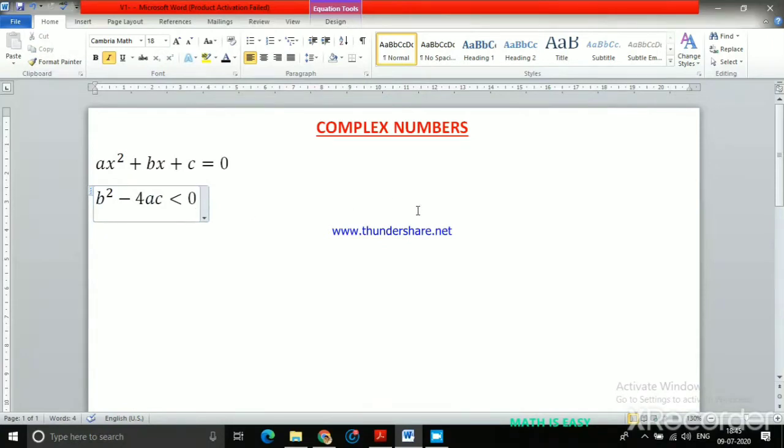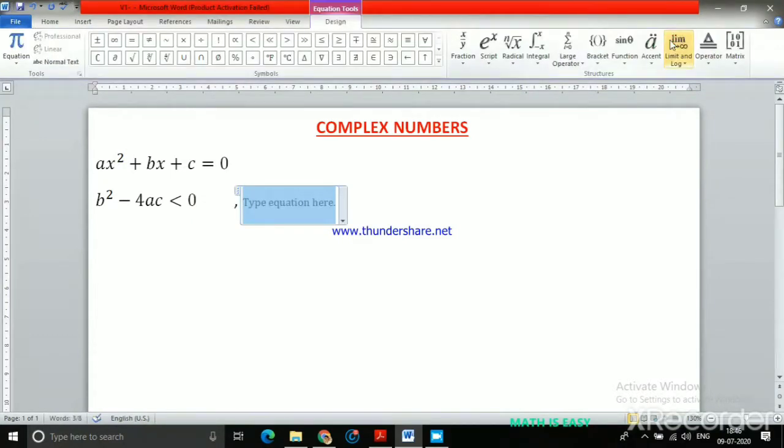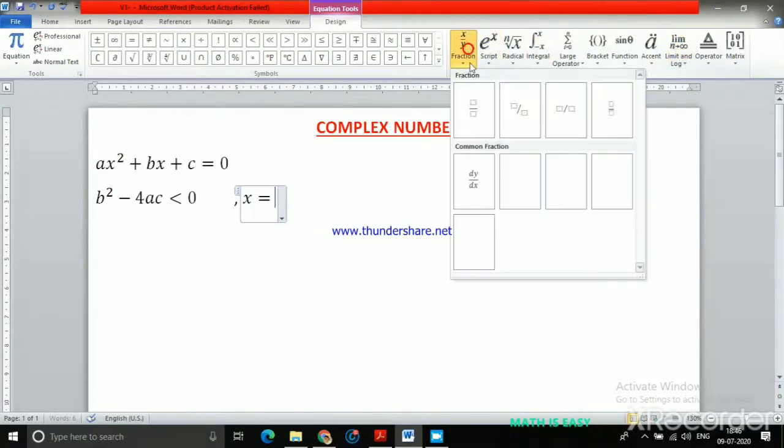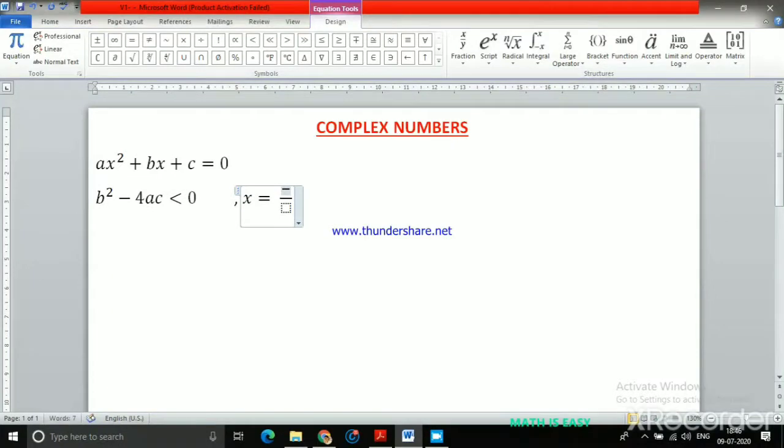In the quadratic equation, does anyone remember the formula? x equals to minus b plus or minus under root b square minus 4ac upon 2a.